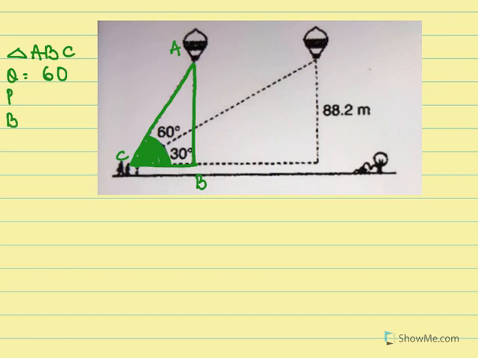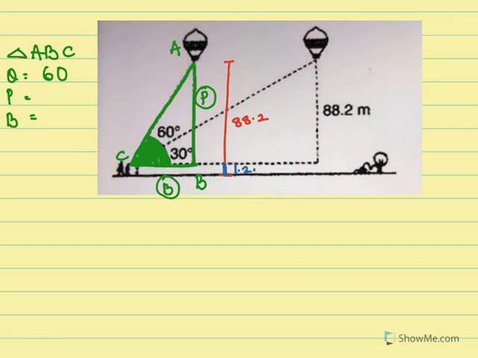We have to mark a perpendicular and base. This is the perpendicular and here is the base. Now another important point is we have 88.2. 88.2 is this entire height. But remember, the girl is 1.2. This part is 1.2.